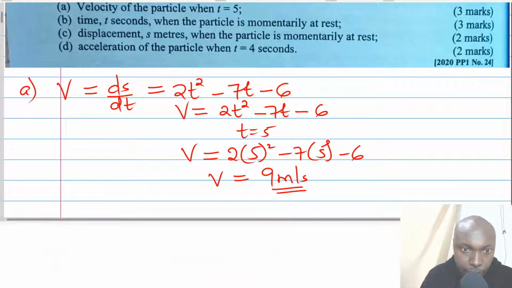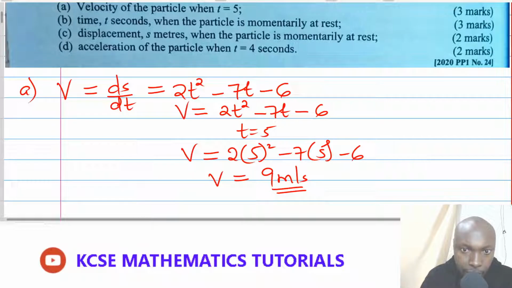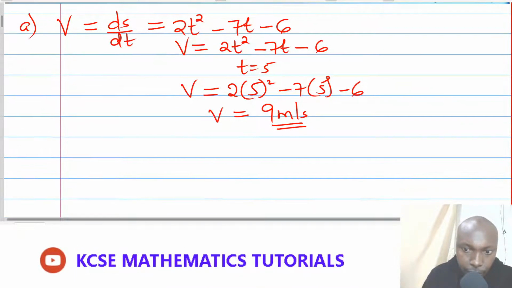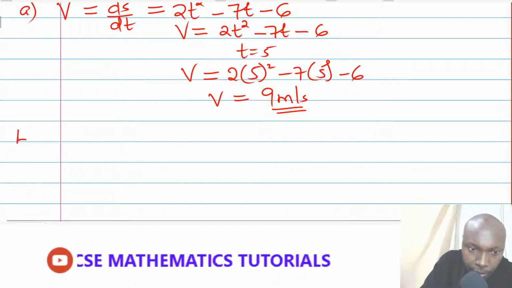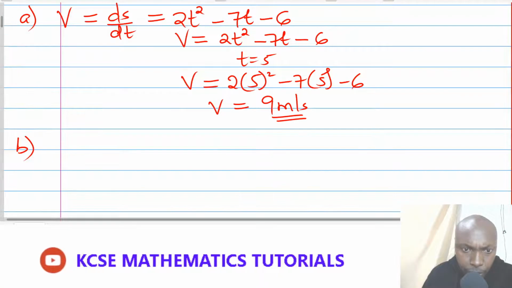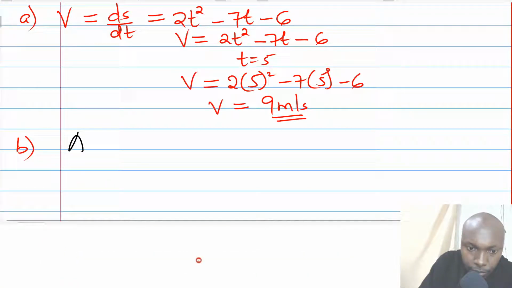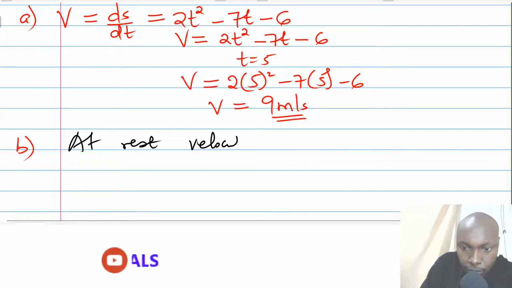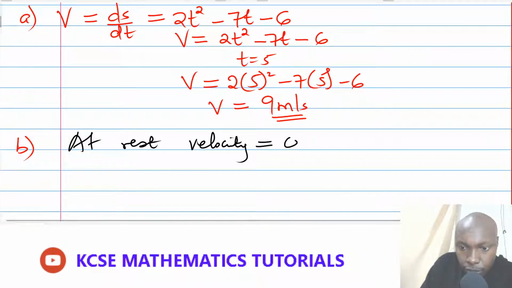Part B of the question: time t seconds when the particle is momentarily at rest. When the particle is at rest, velocity is equal to 0.